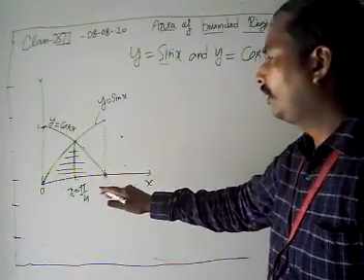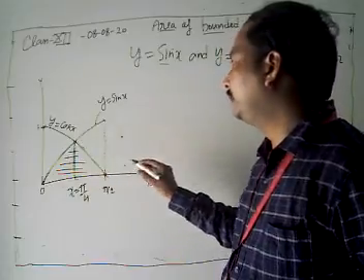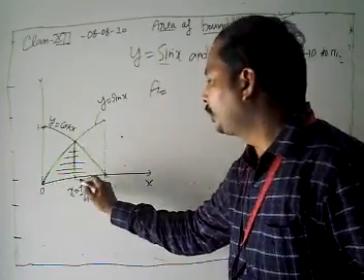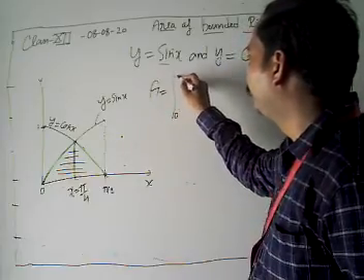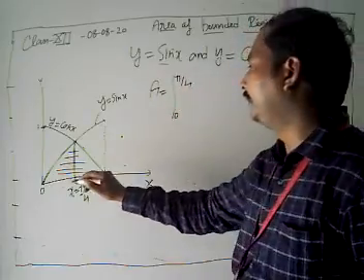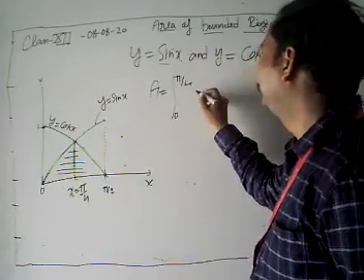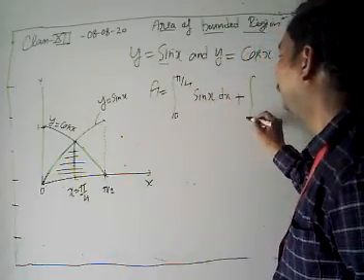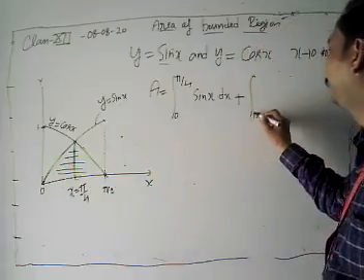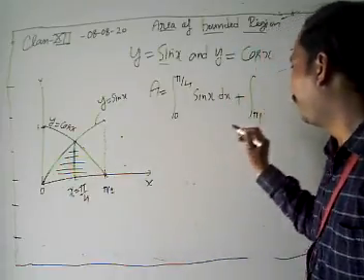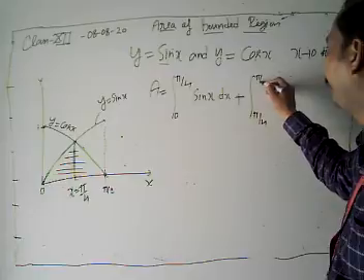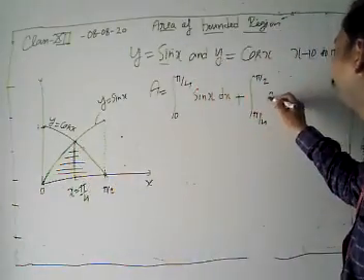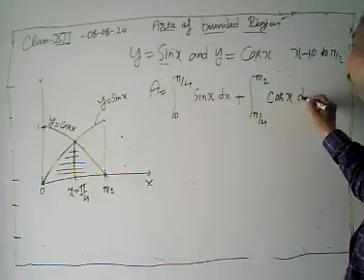So our required area is the integral from 0 to pi by 4 of sin x dx, plus the integral from pi by 4 to pi by 2 of cos x dx.